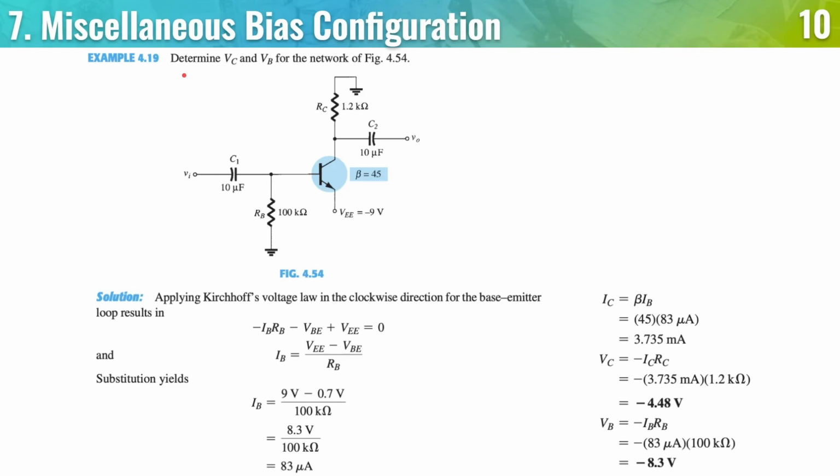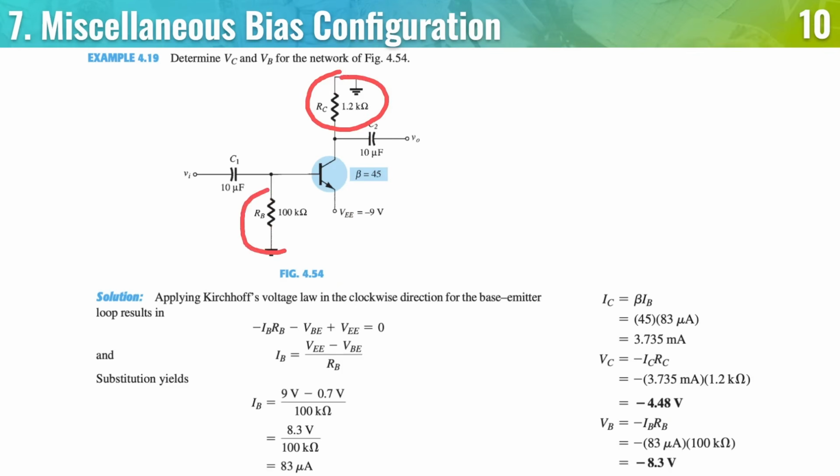For this one, example 4.19, determine VC and VB for the network shown below. So let's analyze. Okay, wait. It looks like a fixed bias to me.